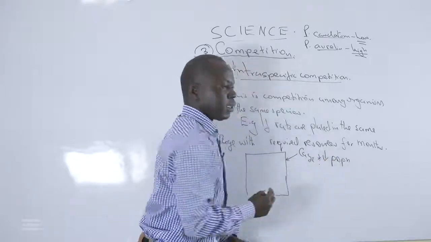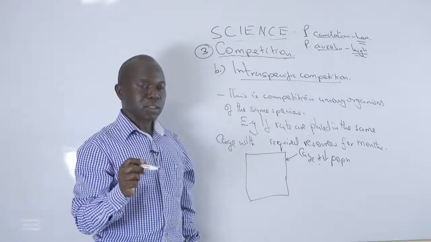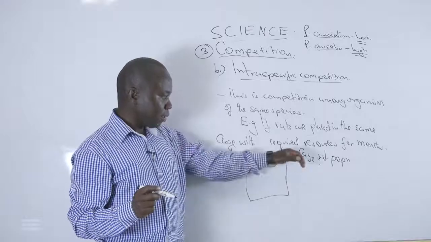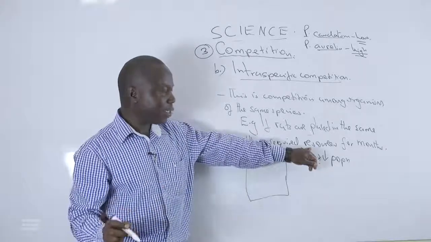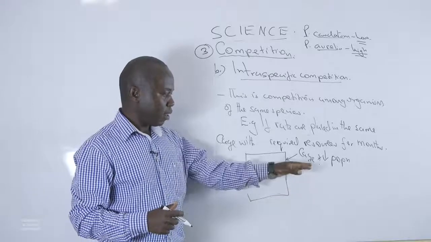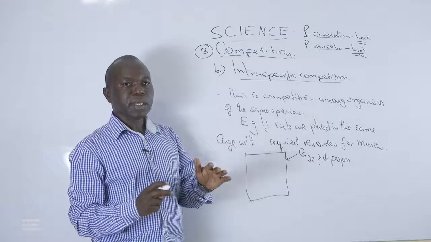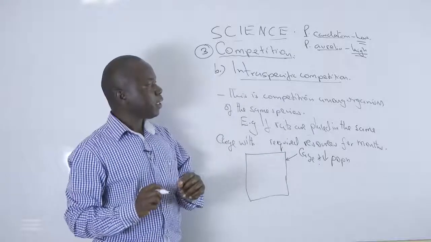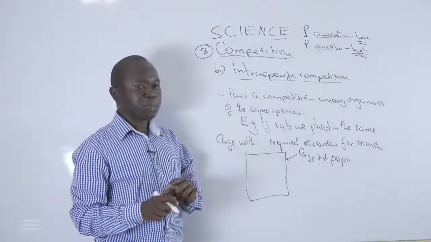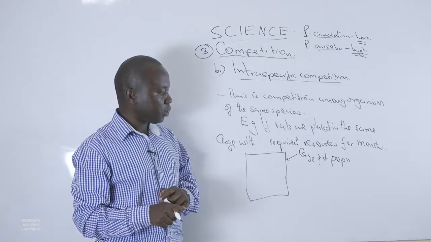Population will decrease, but it cannot hit zero unless the resources are completely depleted and they are left to starve for a longer time. So intraspecific competition is less stiff as compared to interspecific competition.